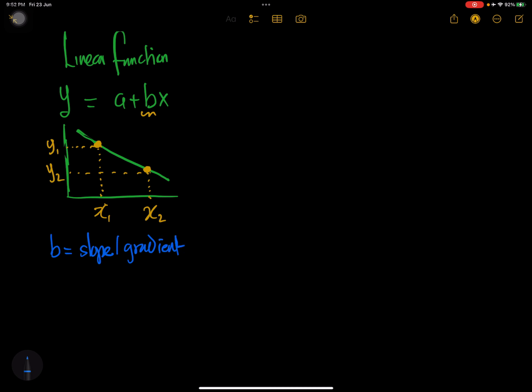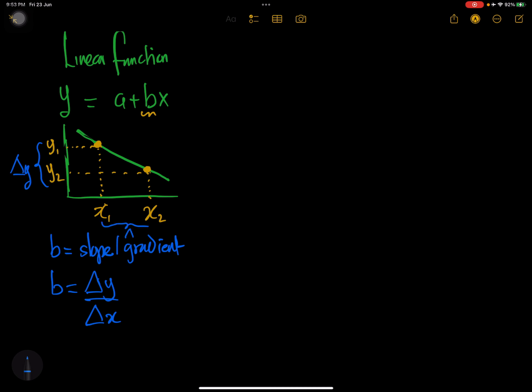To estimate that b, we said it represents a change in y, from y1 to y2, divided by a change in x.